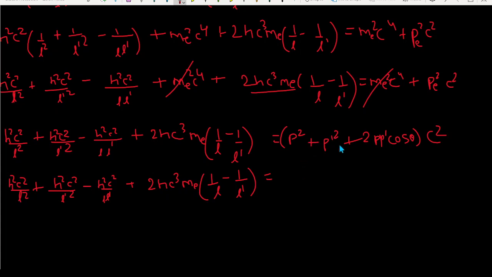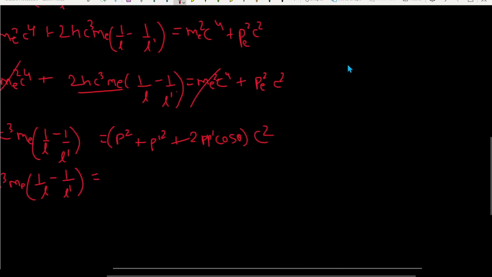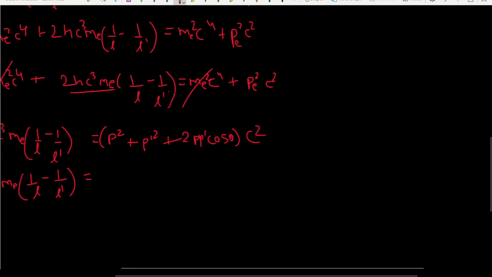The momentum of the photon is a very famous formula, so let me write it here.